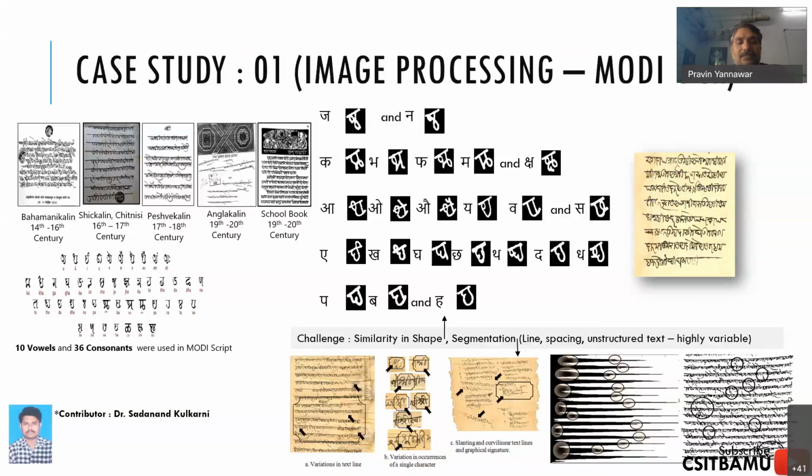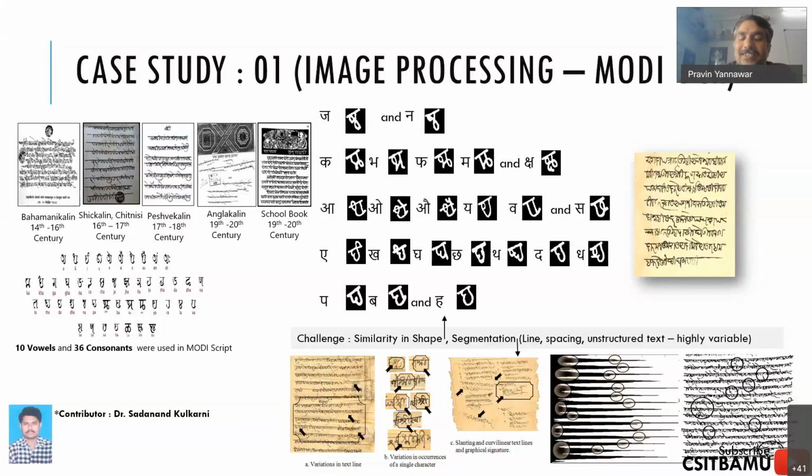Then in the 16th to 17th century, that is Chitnisi. Then 17th to 18th century, that is Peshwe Kalin. Then from the 19th to the 20th century, that is Angla Kalin.